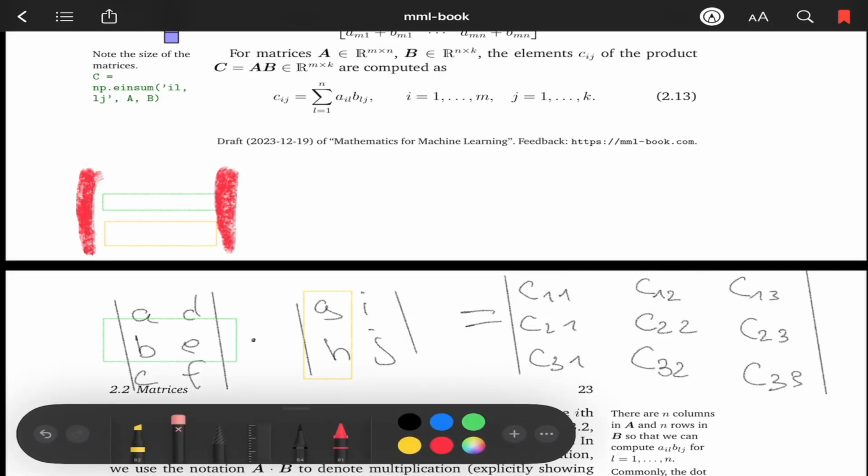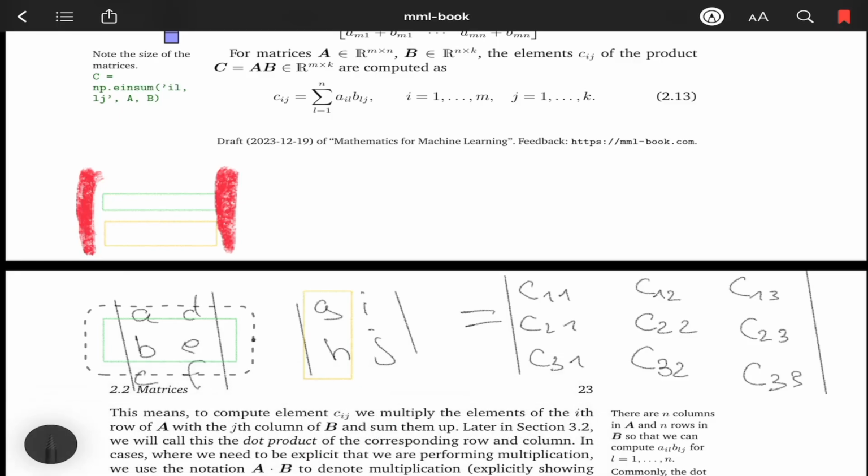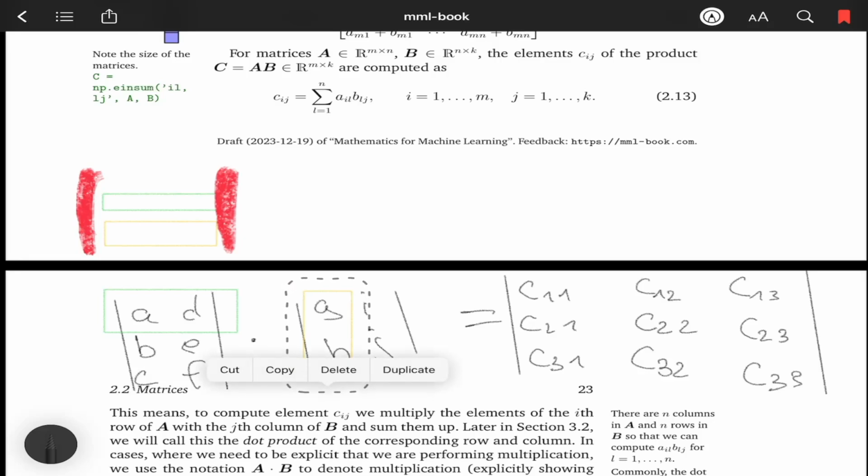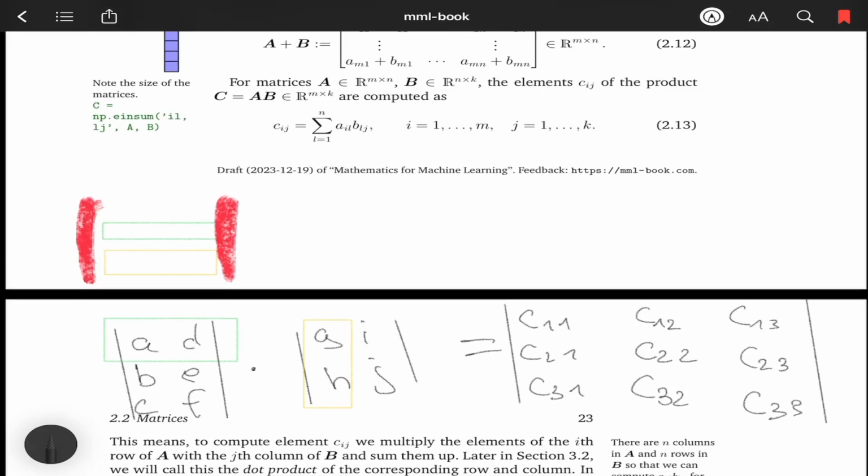Okay, so let's start again with C11. C11 goes like this, where we start with 1, 1, like the first. Okay, this is C11. C12 means that green still is in the first level, but yellow goes one to the right.